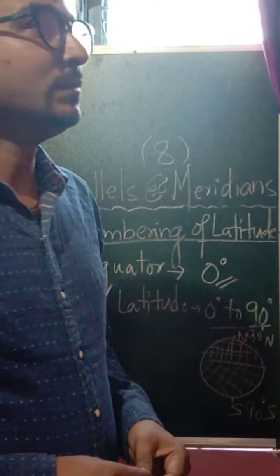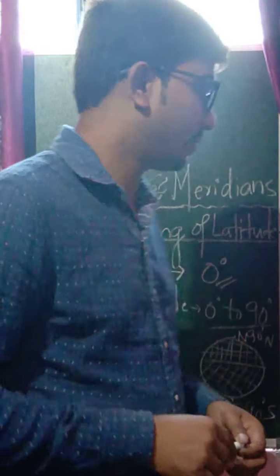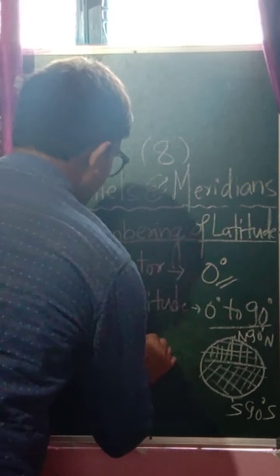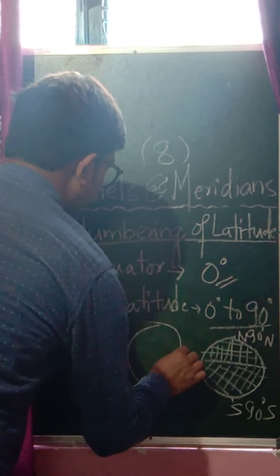There are around 90 different lines. Why 90 degree? Because the North Pole and South Pole denote 90 degree.